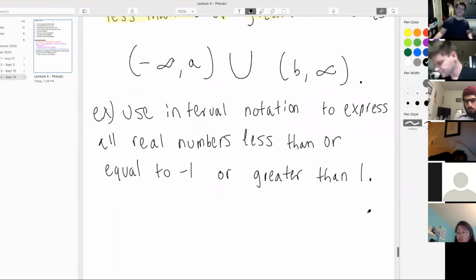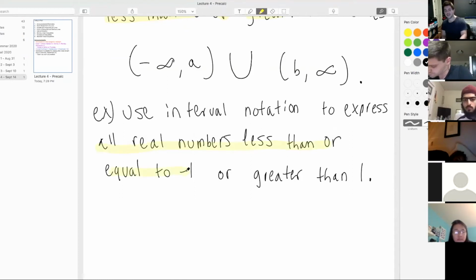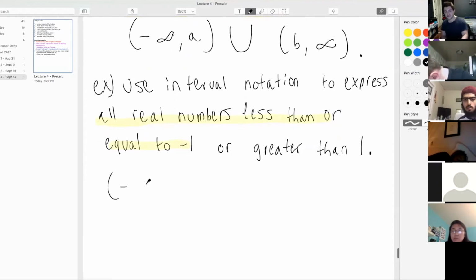Okay, so how can we express this set of numbers in interval notation? Let's just take it one piece at a time. First of all, we want all real numbers less than or equal to -1. How do we deal with that? Well, that will just be -infinity, comma, -1, but we have less than or equal to, which means we're going to include -1 in our set. So I will put a bracket there.